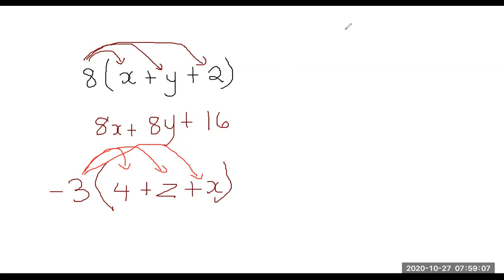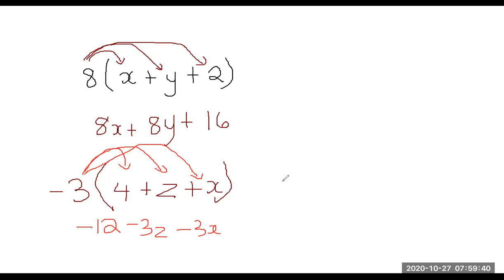Now I multiply through. So I multiply negative 3 times positive 4. It's negative 12. Negative 3 times a positive z is negative 3z. And then negative 3 times a positive x is negative 3x.